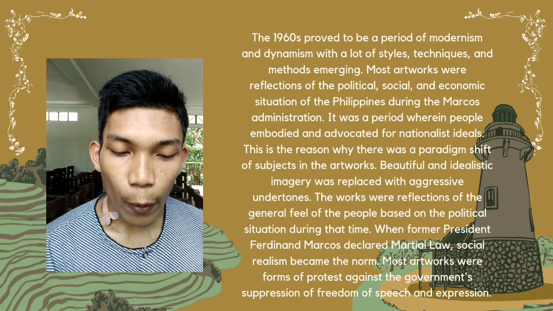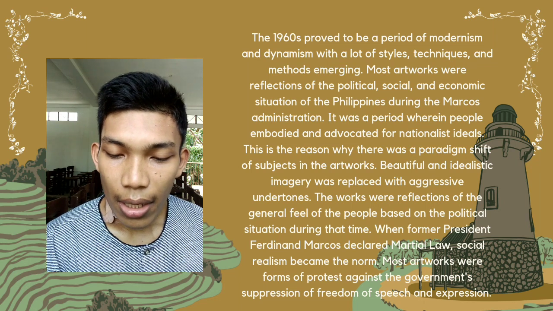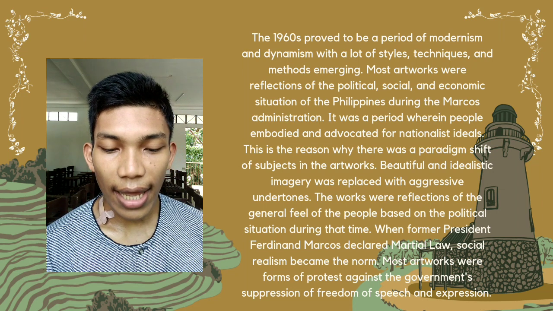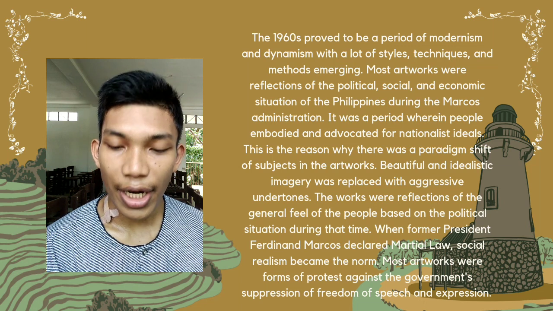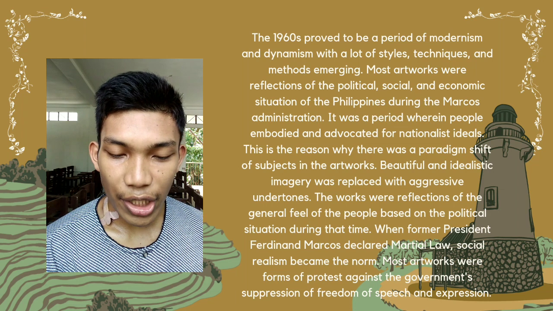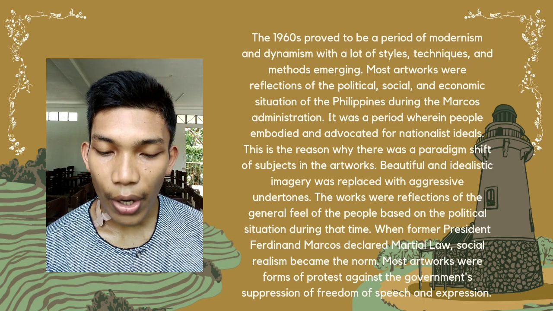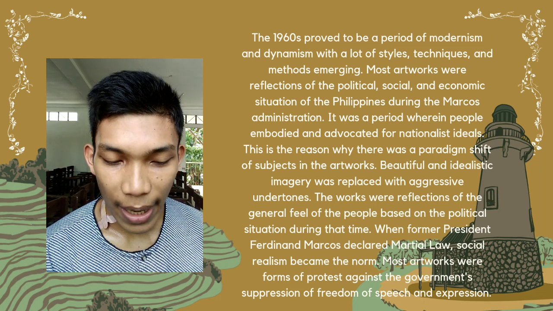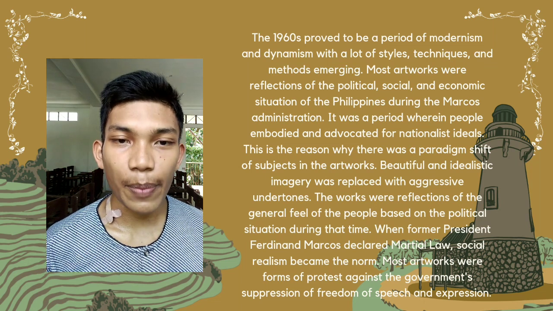The works were reflections of the general feel of the people based on the political situations during that time, when former President Ferdinand Marcos declared martial law, suppression of freedom of speech, and social realism became the norm. Most artworks were forms of protest against the government's suppression of freedom of speech and expression.